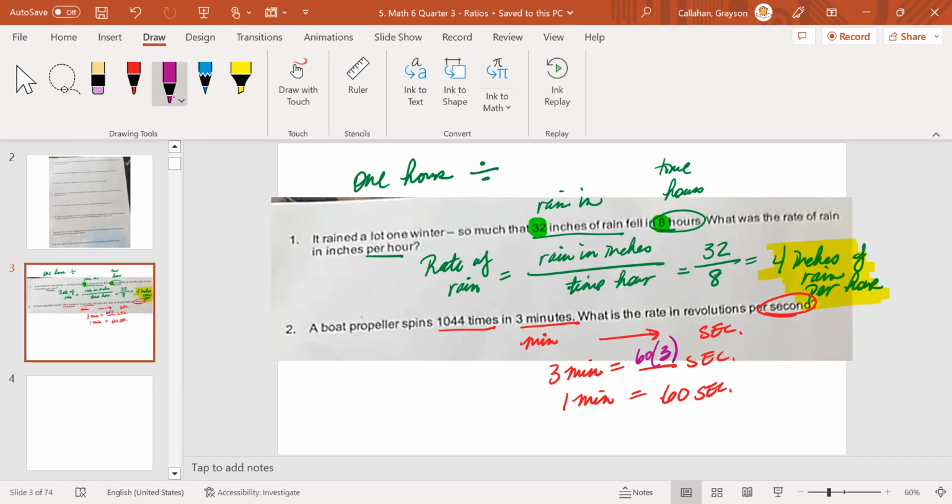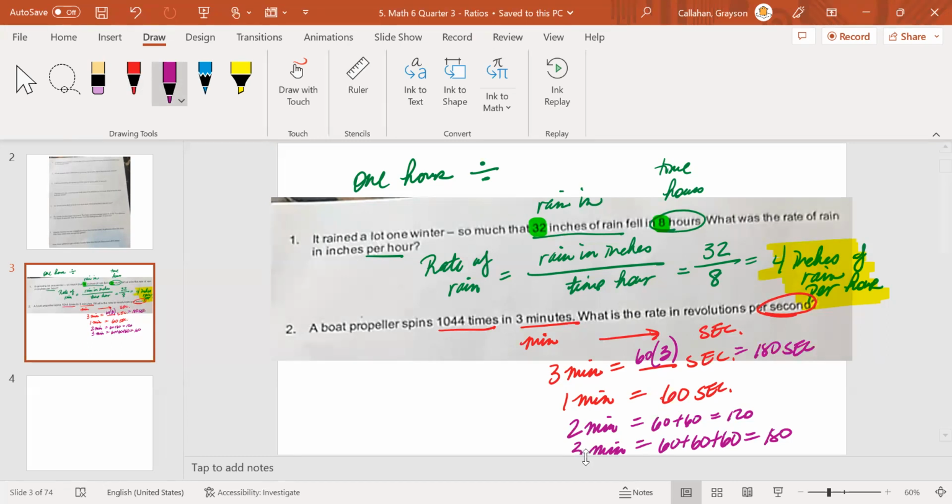Times 3. 1 minute equals 60 seconds. 2 minutes equals 60 plus 60 seconds, which is 120 seconds. Do you see that? 3 minutes is 60 plus 60 plus 60, which is 180 seconds. So 3 minutes equals 180 seconds.